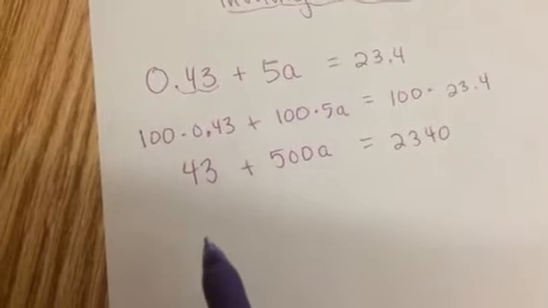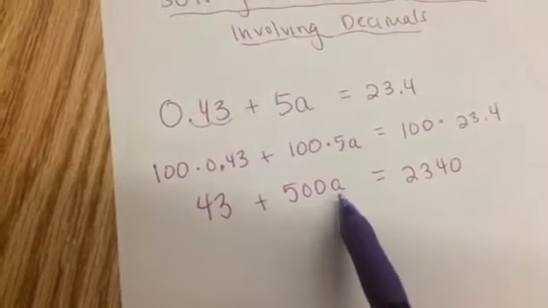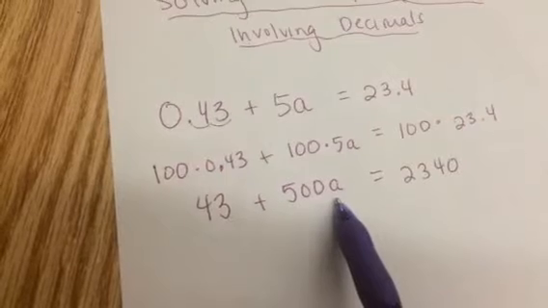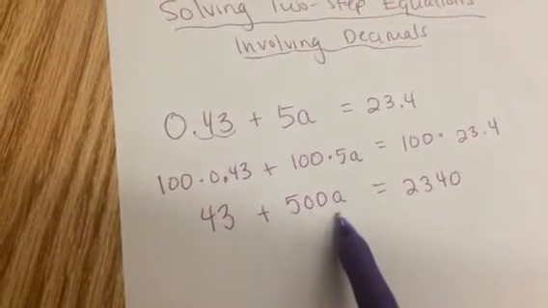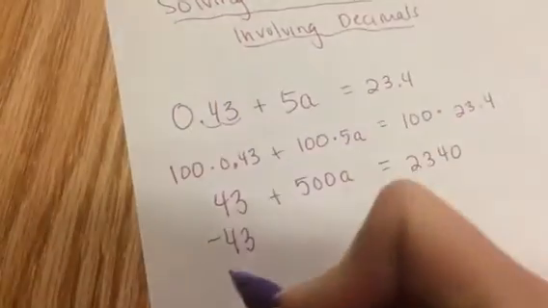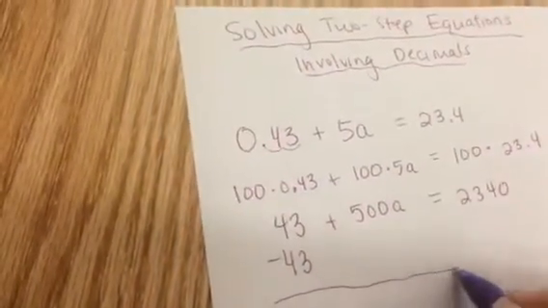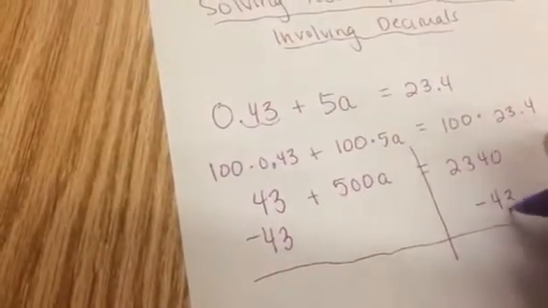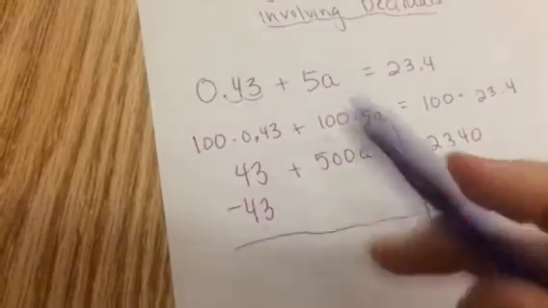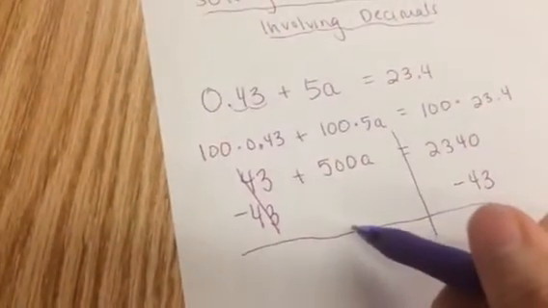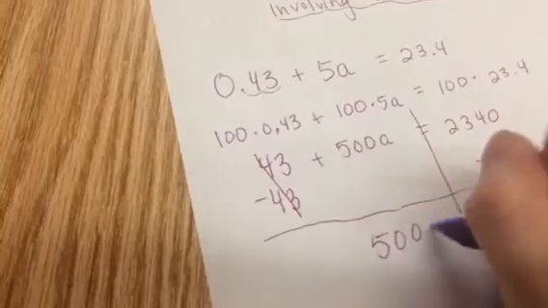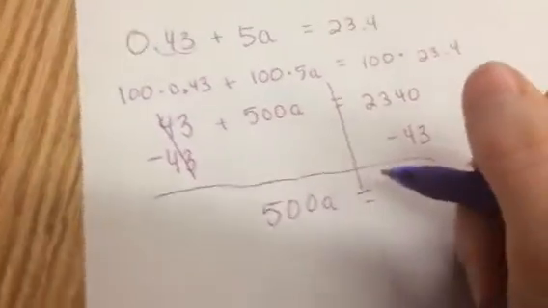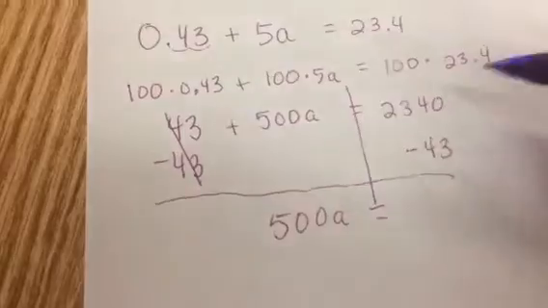So to solve this, the first step, we know we have to isolate the variable and get the variable by itself. Since the 500 is with the variable, we want to get rid of this 43 first. It's a positive 43, so to get rid of it, we're going to subtract 43 from both sides. Over here this cancels out, and I'm left with 500a equals, now let me do this subtraction here.